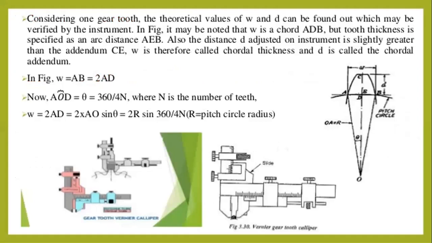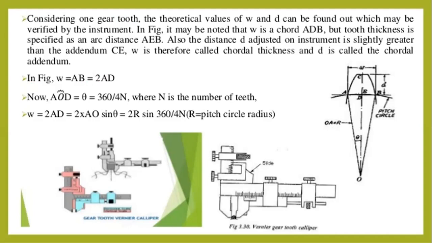So here we are taking only one gear tooth. Considering one gear tooth, the theoretical reading values of width and depth can be found out, which may be verified by the instrument only.